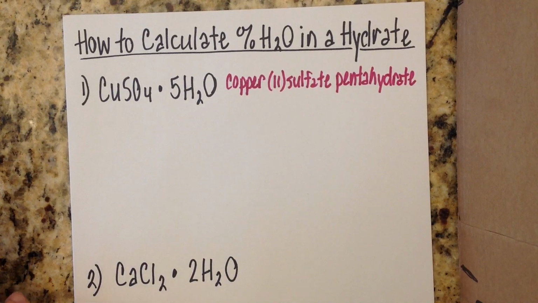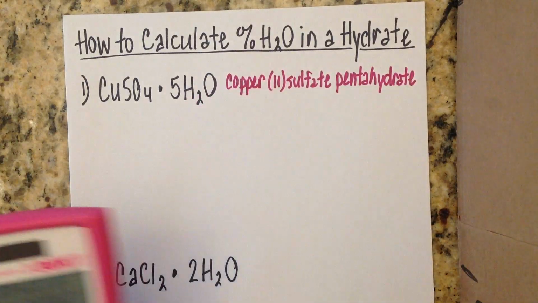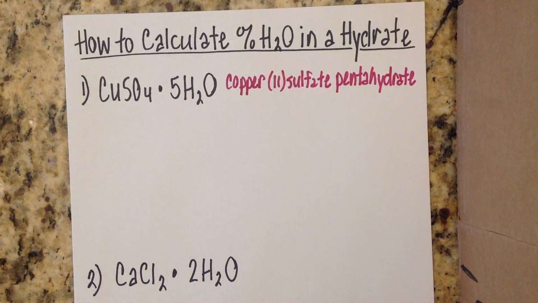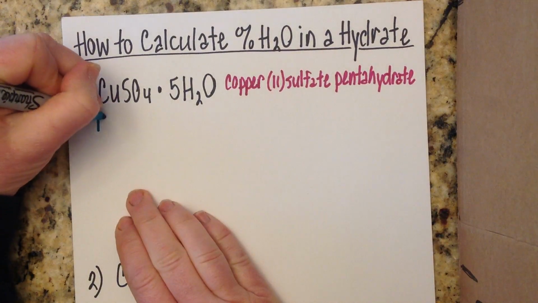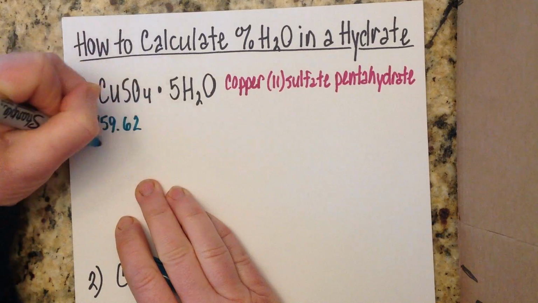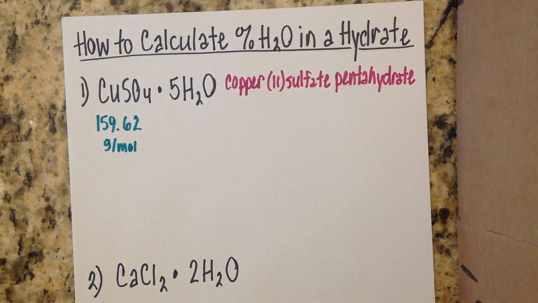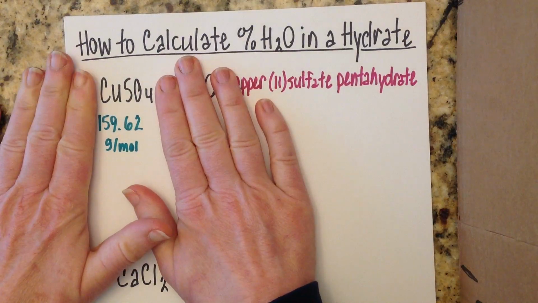So that gives me a total mass of 159.62. So I'm going to write 159.62 grams per mole. All I did was find the mass of that.